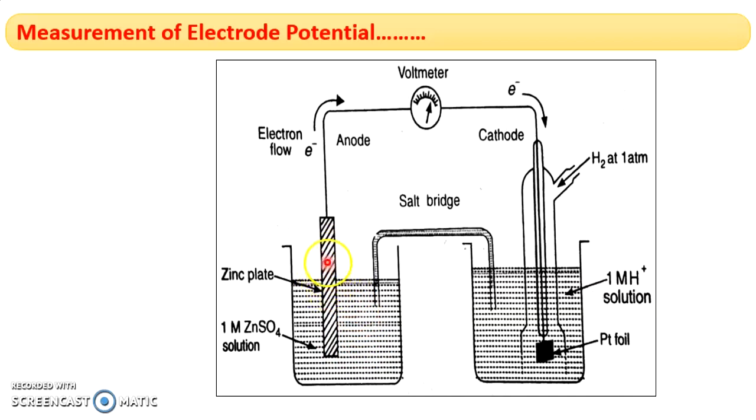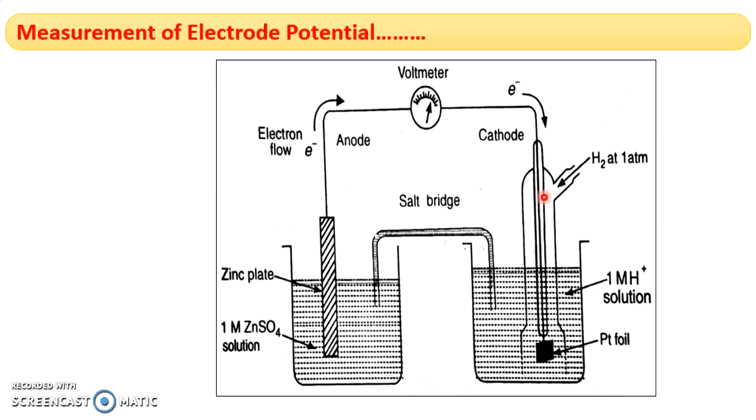This zinc electrode dipped in zinc sulfate solution is connected to the reference electrode, the standard hydrogen electrode. The standard hydrogen electrode potential is fixed to 0 when the conditions are standard conditions.